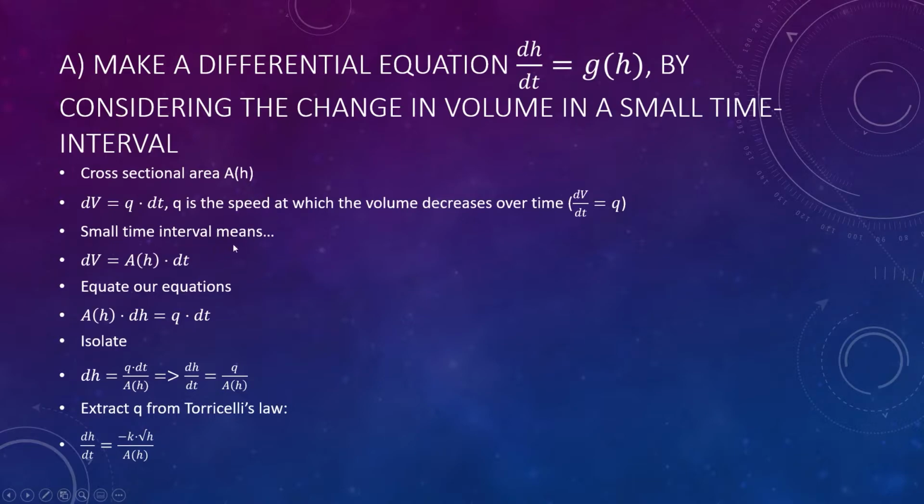So what we've done is we've constructed our equation with the knowledge that the change in volume over time must be expressed by dV equals Q times dt, where Q is the speed at which the volume decreases over time, namely dV over dt. Since we are working with small time intervals, the difference in water height must be equally small.